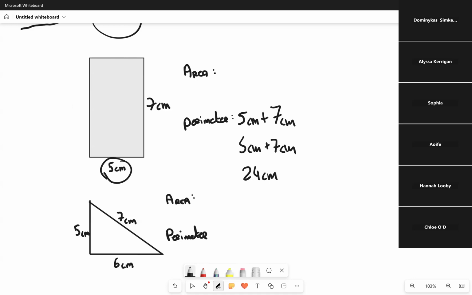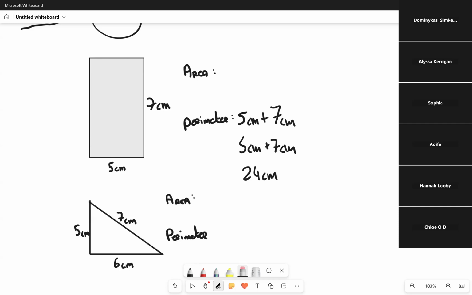Right, Chloe. Here we'll start with you. Can you get the area of this rectangle for me? How do we get the area of a rectangle or a square? Okay, so with perimeter, we added up all the four sides, yeah? And Connor did that very well.